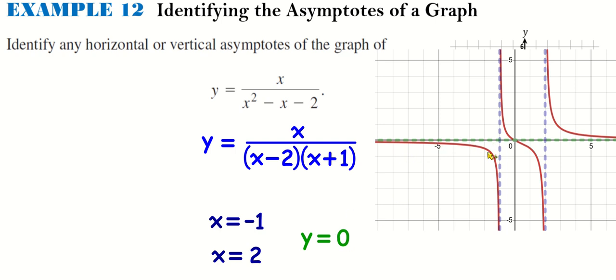Notice how, as the graph heads off to the left forever, as x approaches negative infinity, the graph is approaching a y value of 0. Likewise over here, as x goes off to positive infinity, off to the right forever, the graph is getting closer and closer. It's approaching y equals 0.